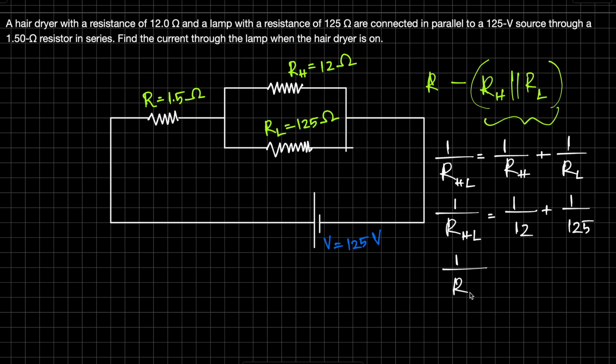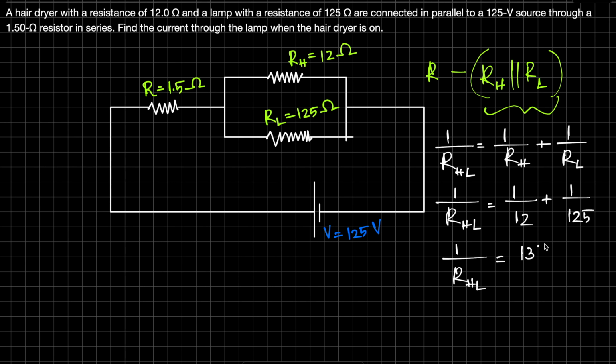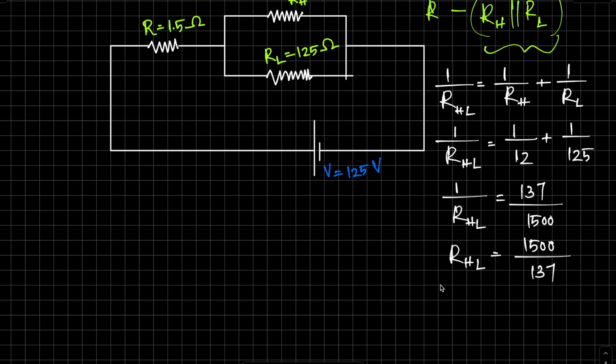If you solve it, you will get 137 over 1500. That is 1 over RHL. So RHL is the inverse of this, 1500 over 137. RHL is equal to 10.94 ohms.